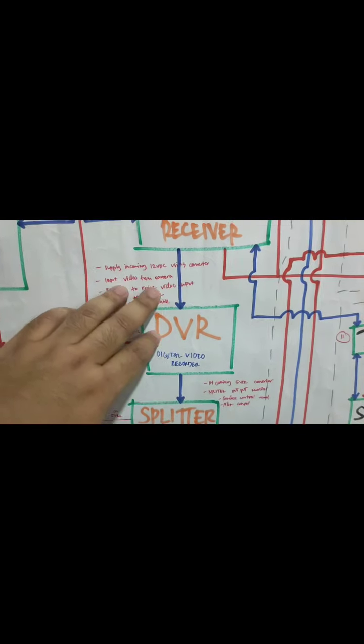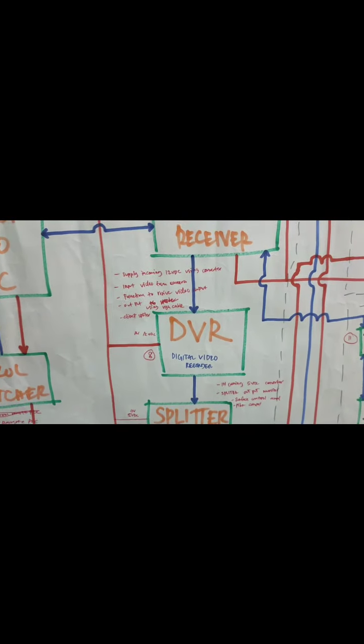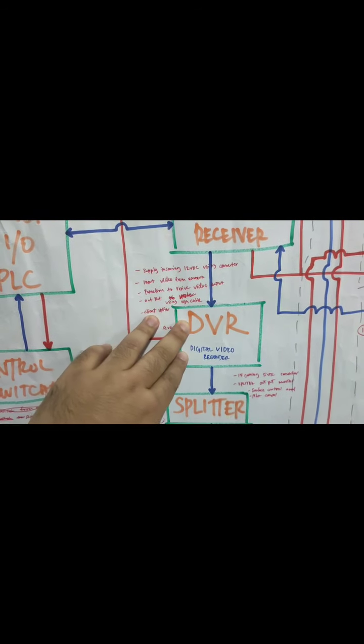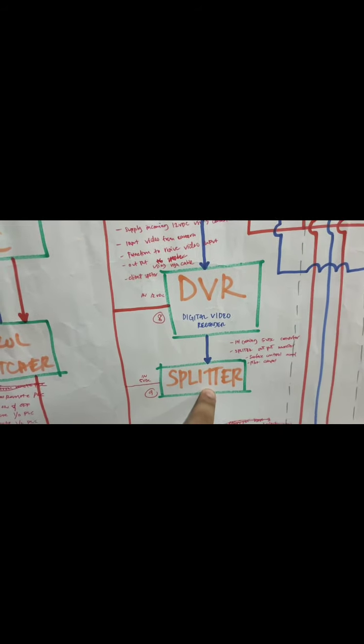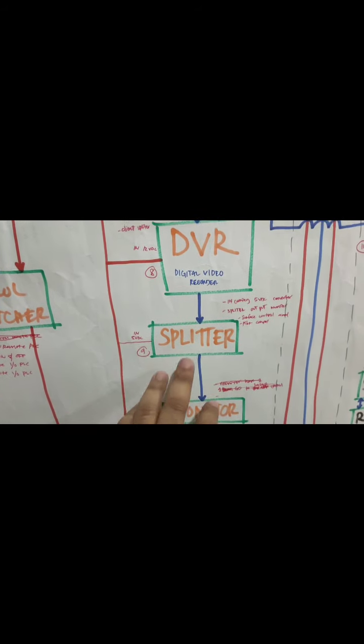For the DVR, digital video recorder, the input is from the multiplexer, and the output is through coaxial cable or VGA cable. The client is the splitter, and its function is to record the video input. The next one is the splitter.